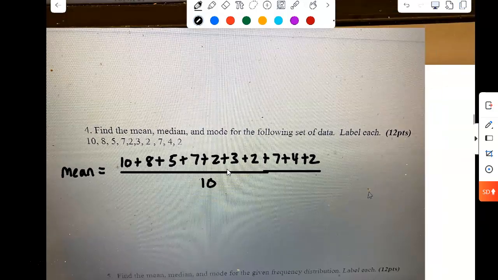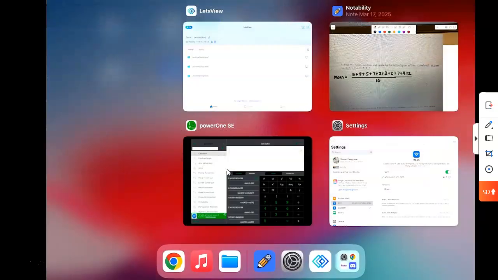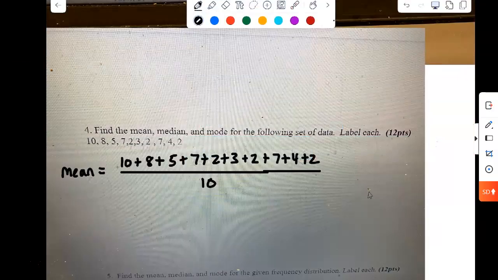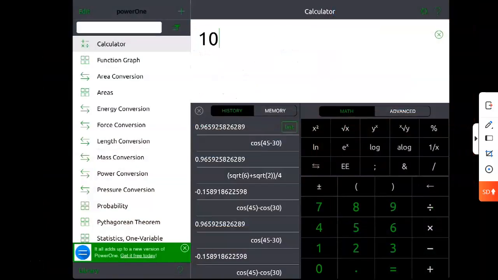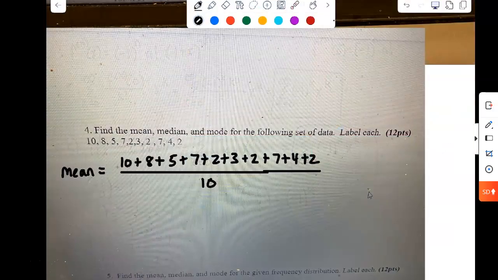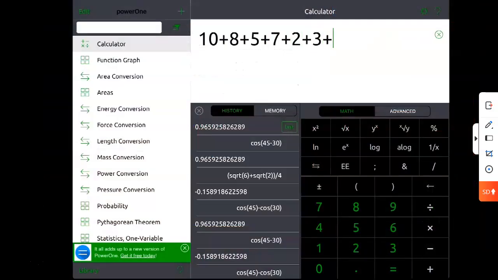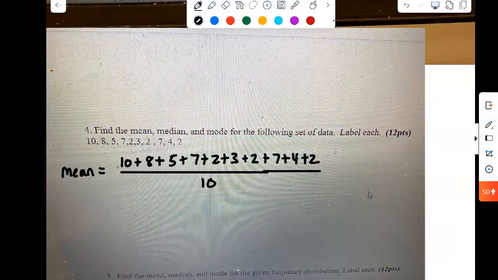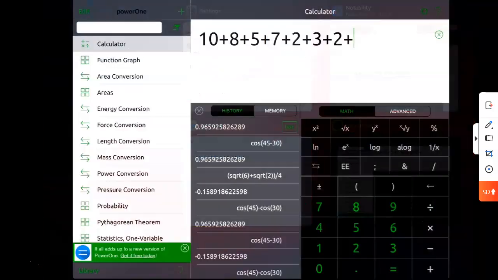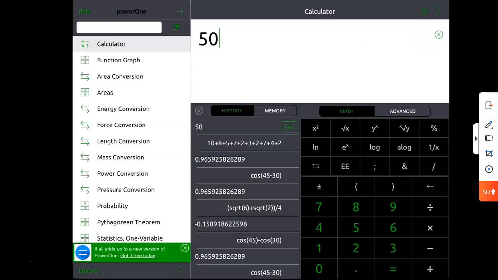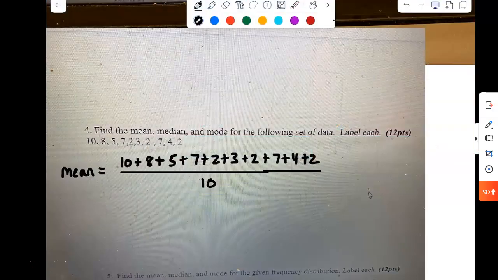Okay? And so, again, this just becomes a calculator problem at this point, adding up our numbers. 10 plus 8 plus 5 plus 7 plus 2, 3, 2 plus 7 plus 4 plus 2. So that all adds up to just be 50.